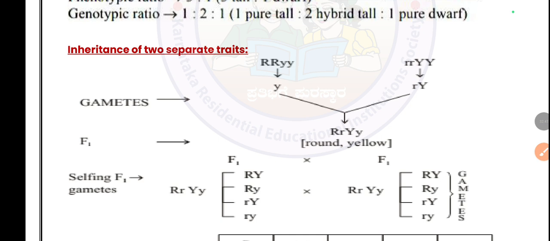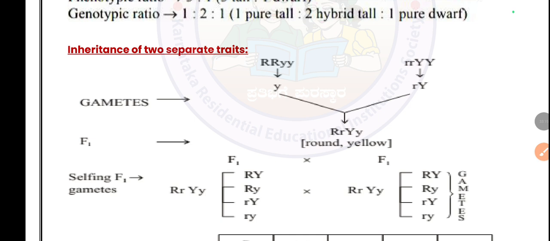Okay, then in the F1 generation we make a cross pollination, and whatever seeds we get, we sow the seeds in the next season. Then we get these results in the F1 generation. Round yellow means capital R, small r, capital Y, small y. Then again these seeds are sown for the next generation. We get what?